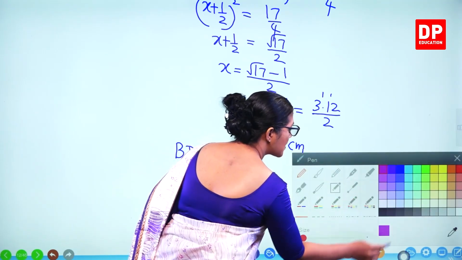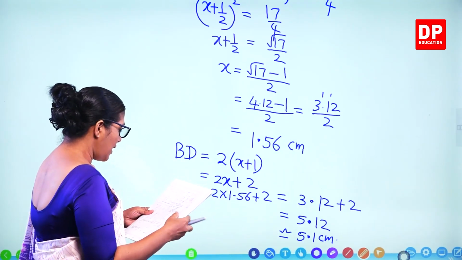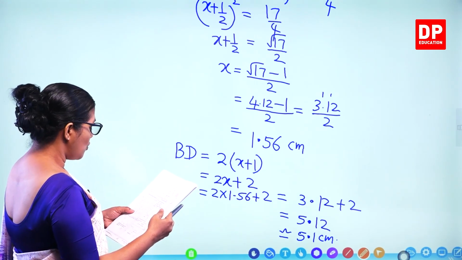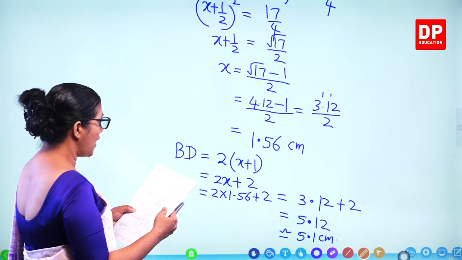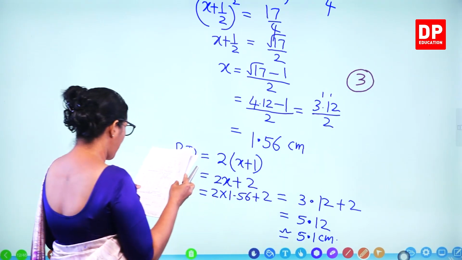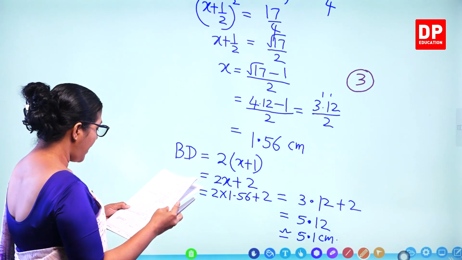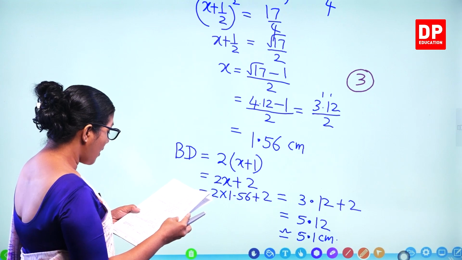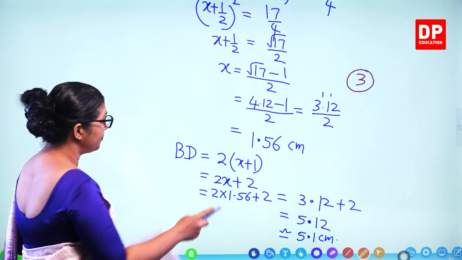So, how many marks? Up to x equals 1.56, you get 3 marks. And finding the BD length, that's 5.1, you get 4 marks.